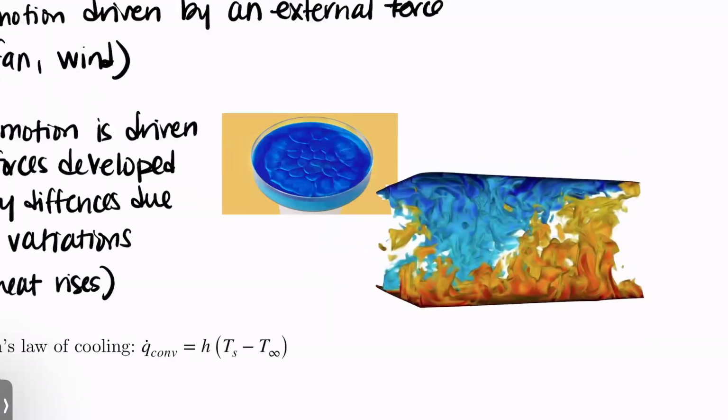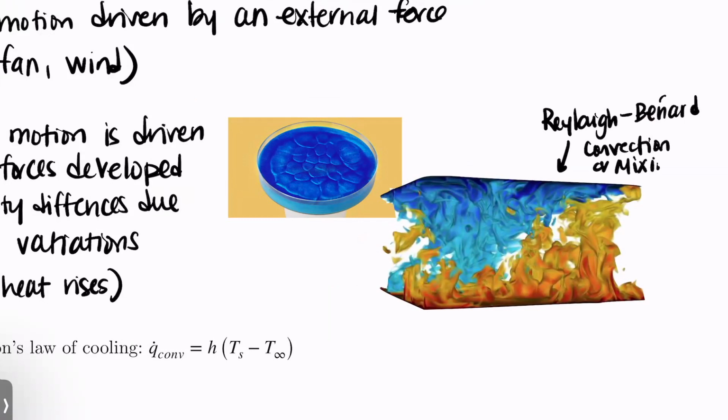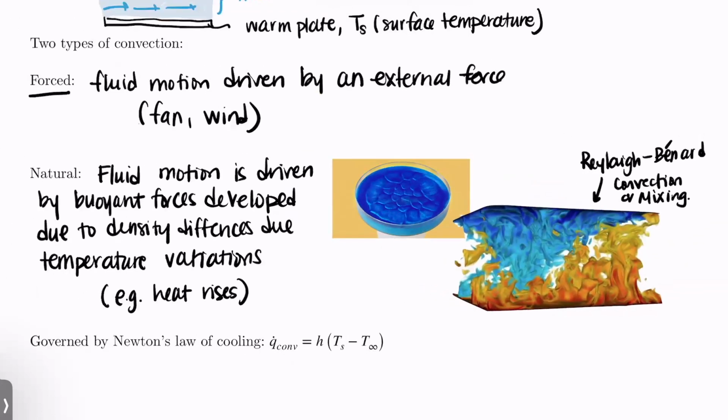And this is actually called Rayleigh-Bénard convection, or mixing. Oh, and this accent should be on the E, not the N. There.